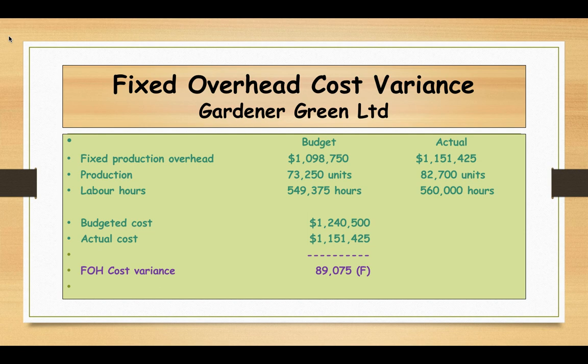So the fixed overhead cost variance is $89,075 favorable, because we can see the budgeted cost is more than the actual cost. So that's why we have a favorable fixed overhead cost variance of $89,075.